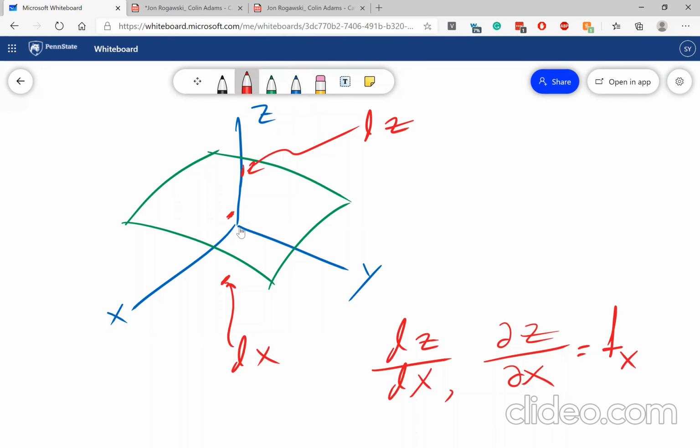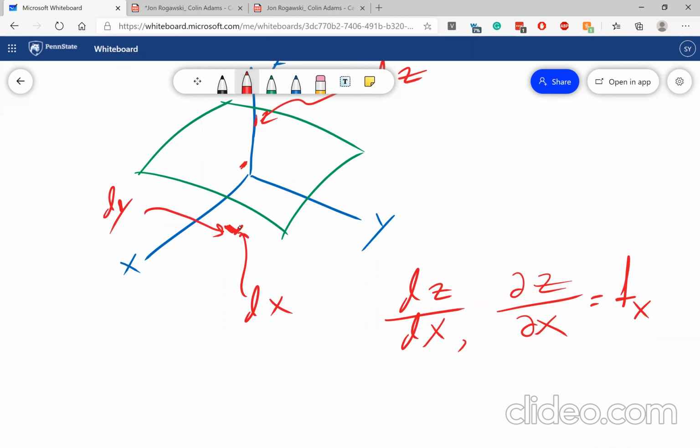Then in the y direction, you can think about taking a small step in the y direction, keeping x constant. So this over here would be dy. And so again, you would want to know a small step in the y direction, how does that change my z direction?